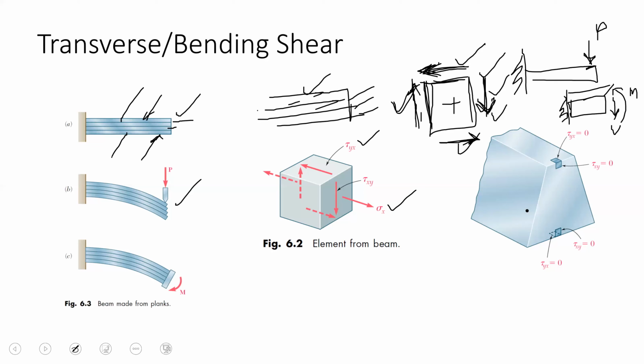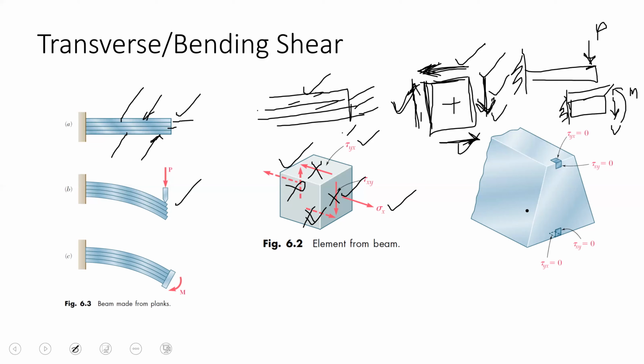When there is not this one and not this, there will be no tau on this part as well, because all the forces, to keep the equilibrium, this should be equal and opposite to this one.